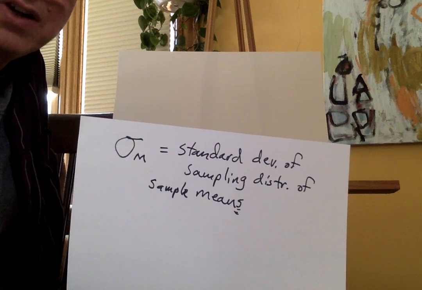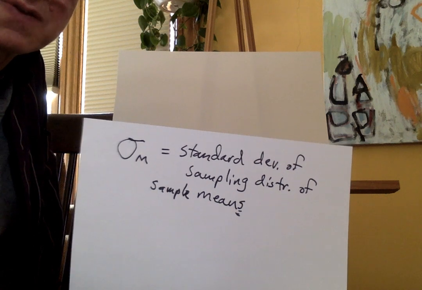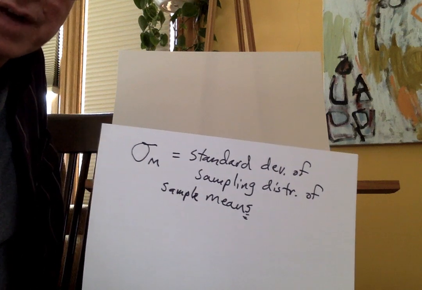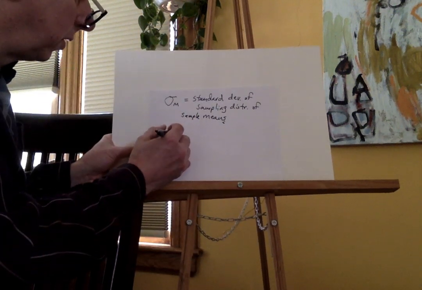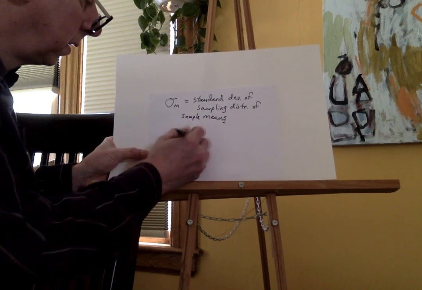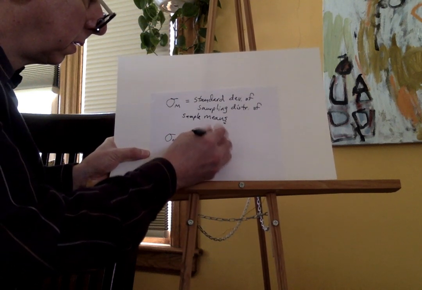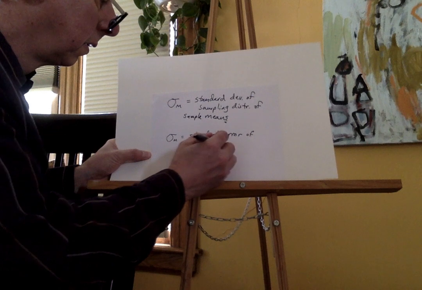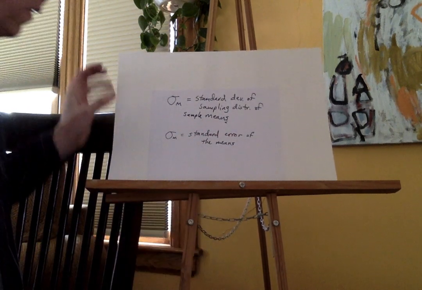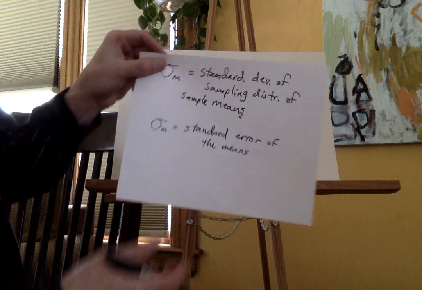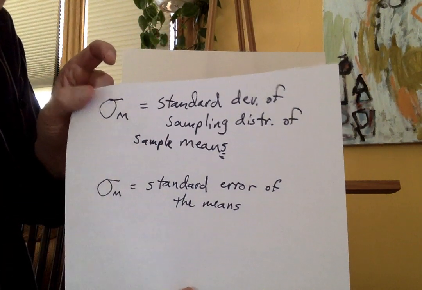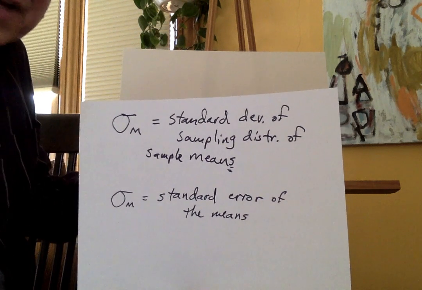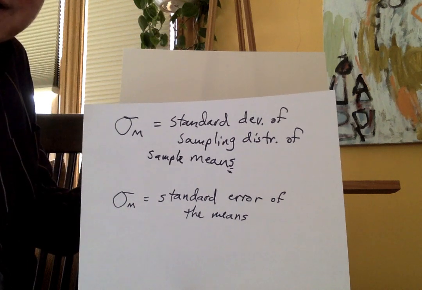Sigma sub m is the standard deviation of the sampling distribution of sample means. And I underlined the S there because it's a whole bunch of means, right? Also called standard error of the means, because we're going to use the Central Limit Theorem to justify using larger samples to make guesses.